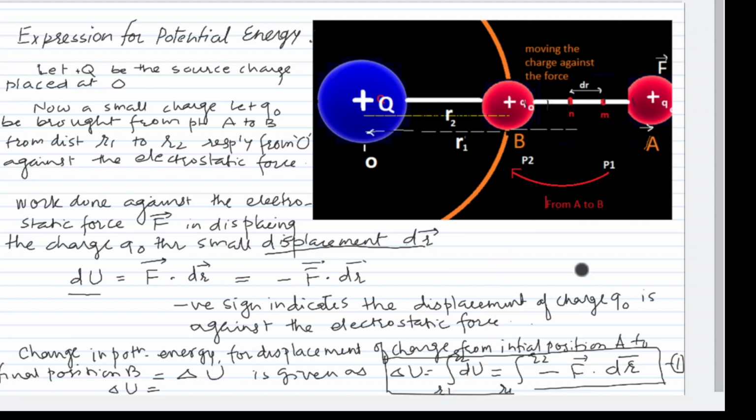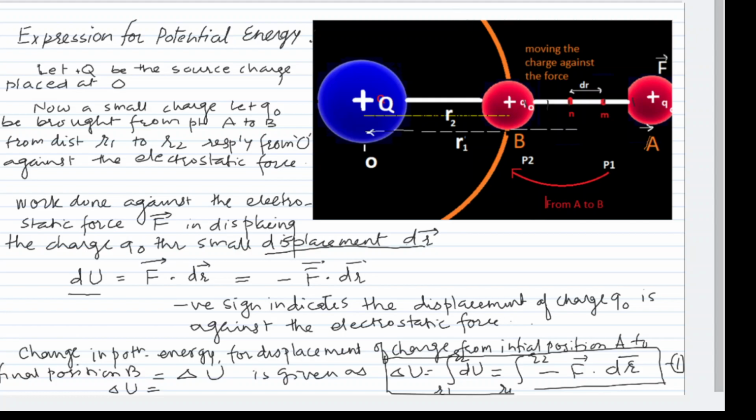So we are writing here what is the position of this point A, that is R1 from the origin. So the initial limit we are writing is R1, and where we are putting this charge is at R2. So the limit is R2. So integration from R1 to R2, that is equal to minus F dr. This is the value we have written over there.